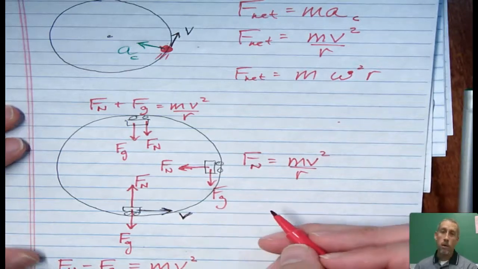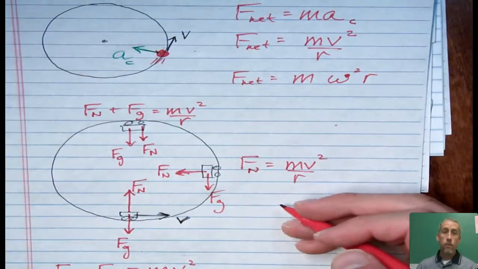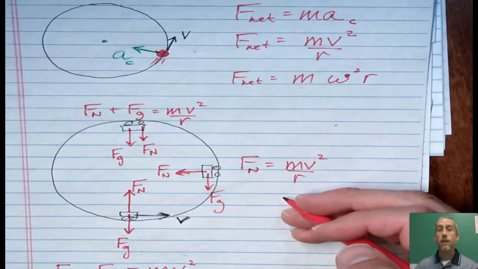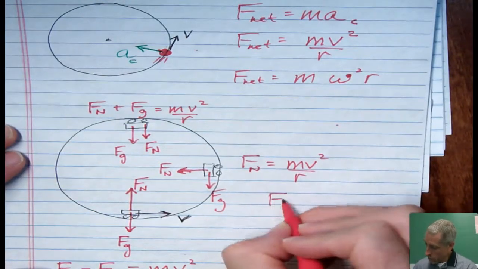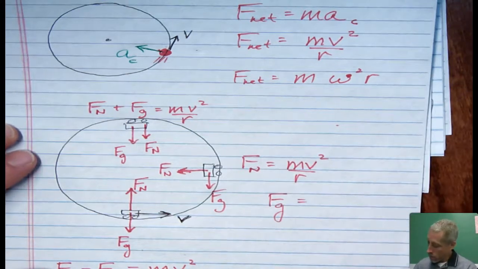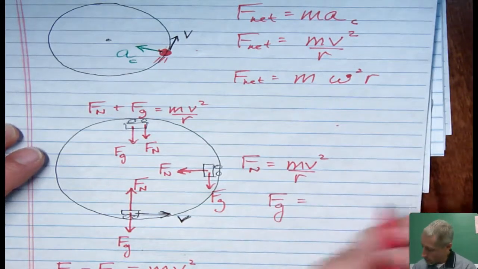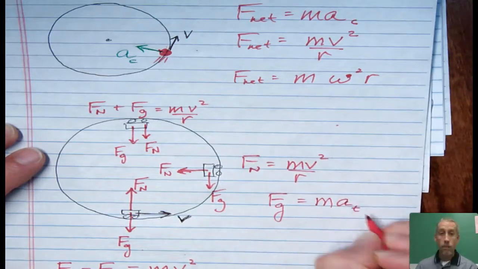And what is gravity doing? Well, if we're on our way up and gravity is acting down, then at this moment you're actually accelerating in the tangential direction. So the net force in that direction would not be mv squared over r, but m times the tangential acceleration, which we would denote a with a subscript t.